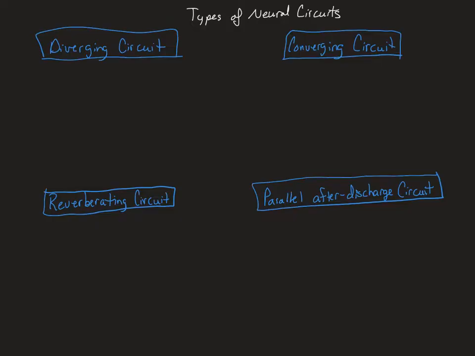Let's go on. We've got four major categories of neural circuits. A neural circuit describes a pattern of how these neural pools work together, so this is a pattern of communication. First you've got the diverging circuit. That's where you've got one and then it's going to go out to others.